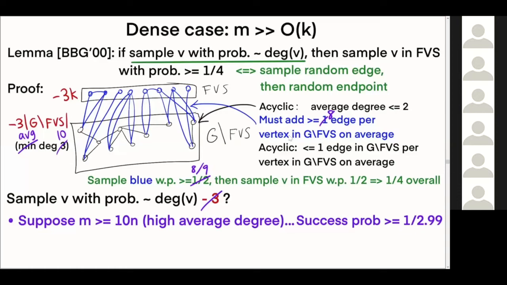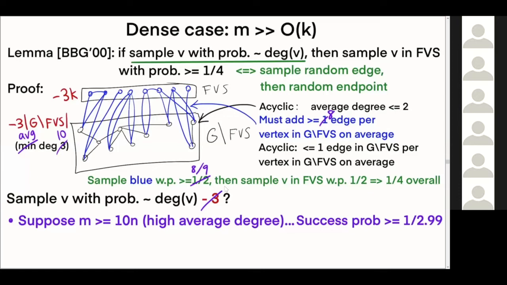And here, that means that for every black edge, there are 8 blue edges on average. So that means that our probability of sampling a blue edge is much higher now. It's like 8/9. And this will boost our success probability to close to 1/2, because this is close to 1. So in particular, the success probability is at least like 1/2.99.